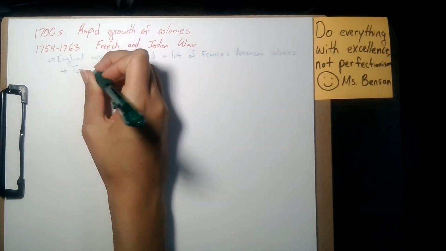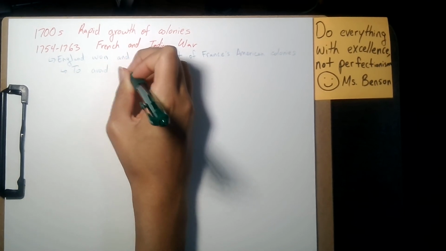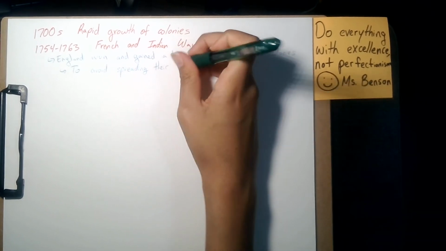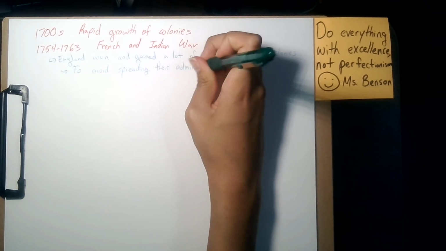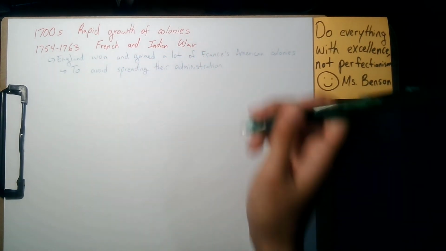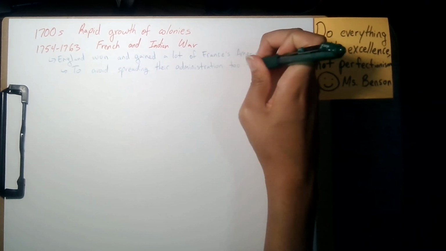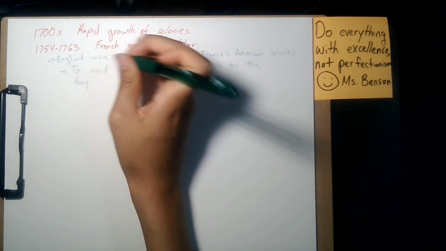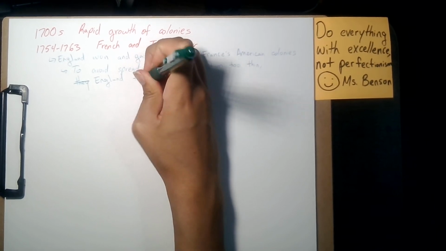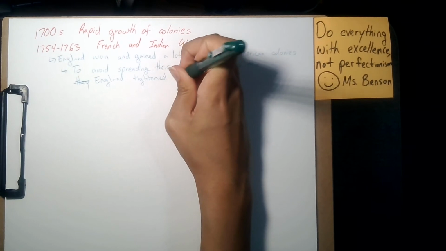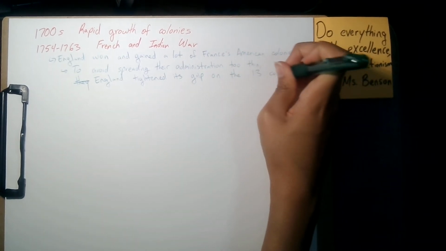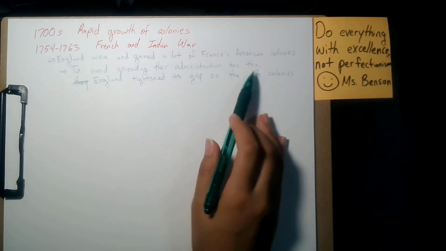So, to avoid spreading their administration too thin, England tightened its grip on the 13 colonies.